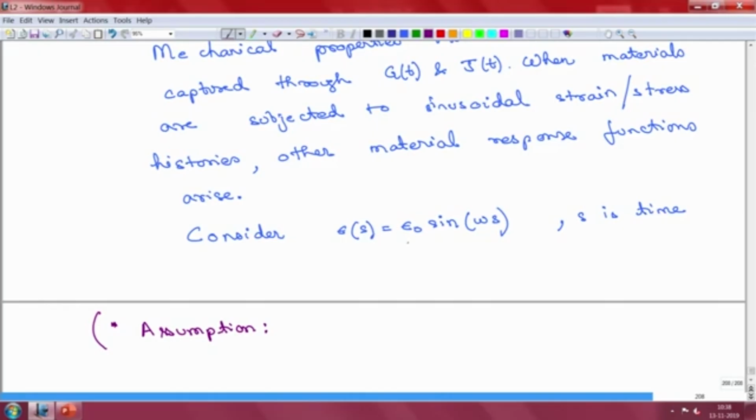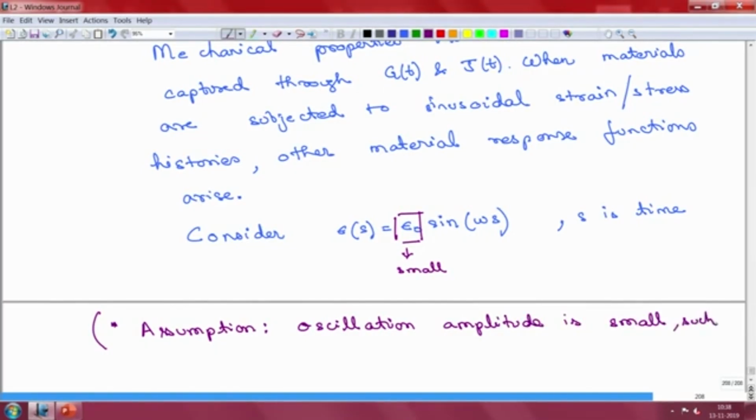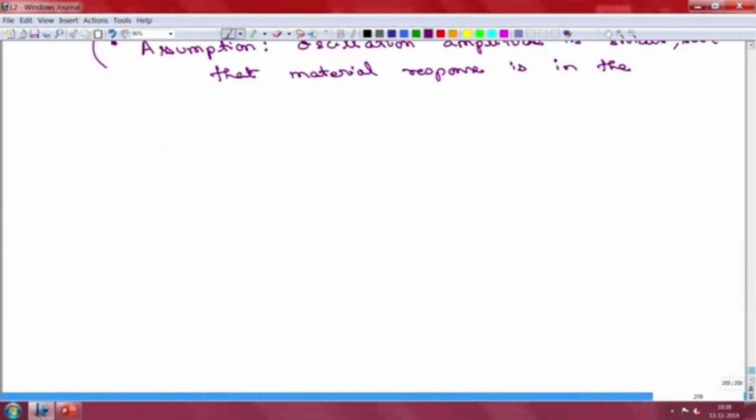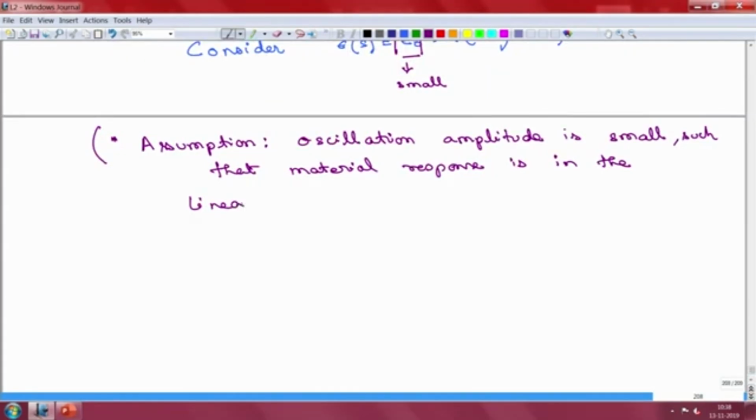So, this epsilon naught term is small enough, and when we say small enough, we mean that the material response is still in the linear regime. Okay.